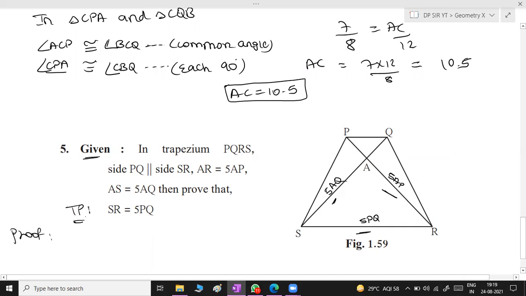So basically we'll start with the given part, that side PQ is parallel to side SR. ठीक है. And QS is transversal.